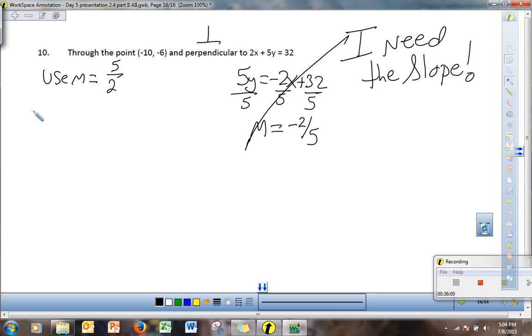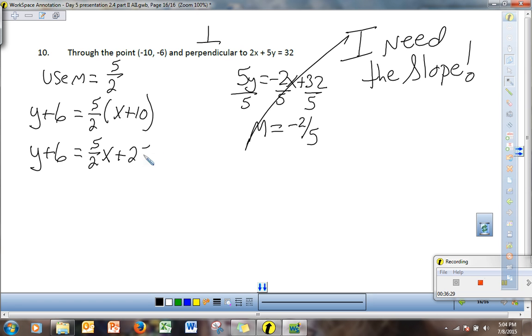Now here goes. Y minus -6, so y plus 6, equal 5/2 x minus -10, so plus 10. Let's distribute. So I got y plus 6 equal 5/2 x plus 25.